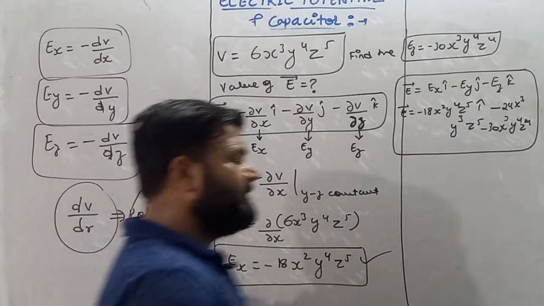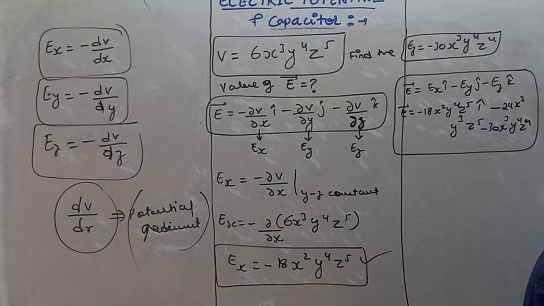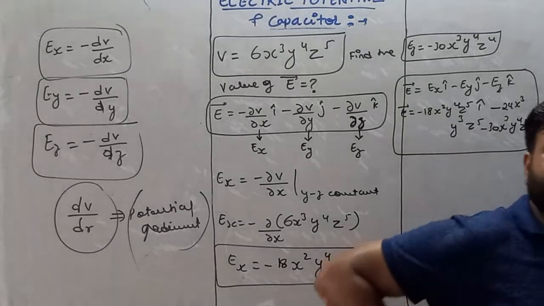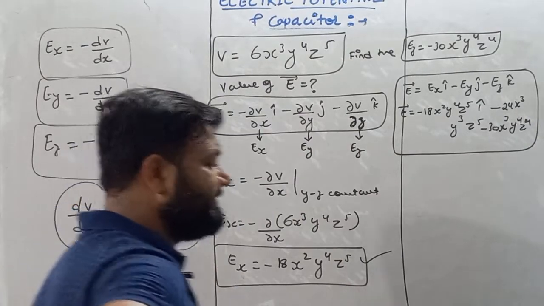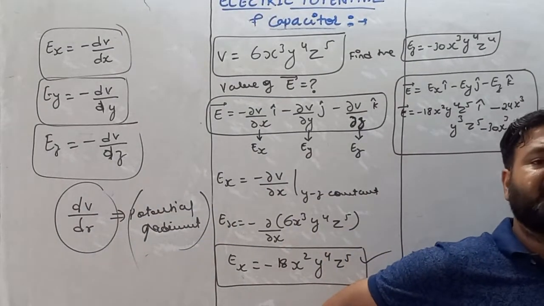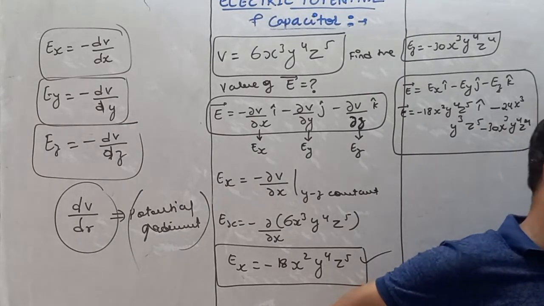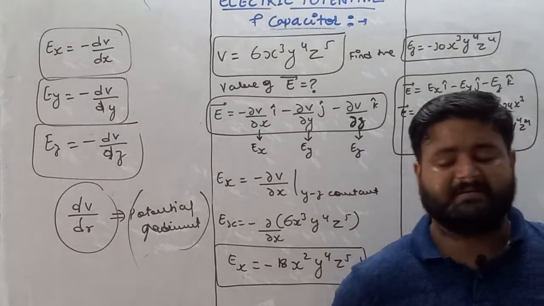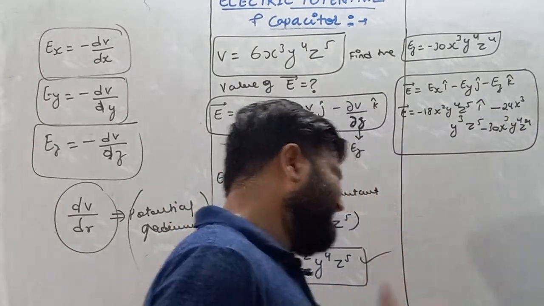So write down the definition of potential gradient. The quantity dV by dr is the rate of change of potential with respect to distance.